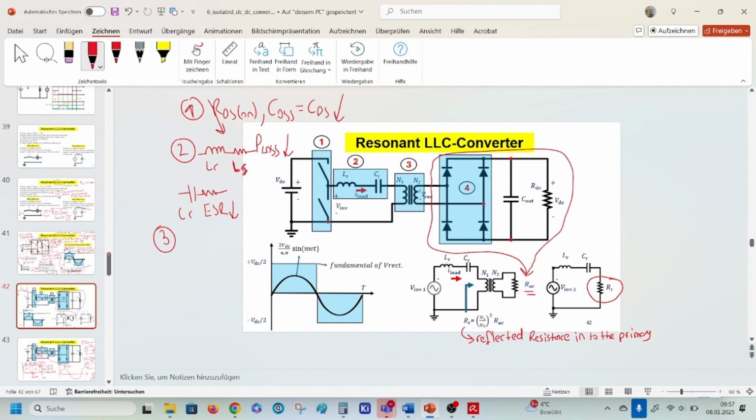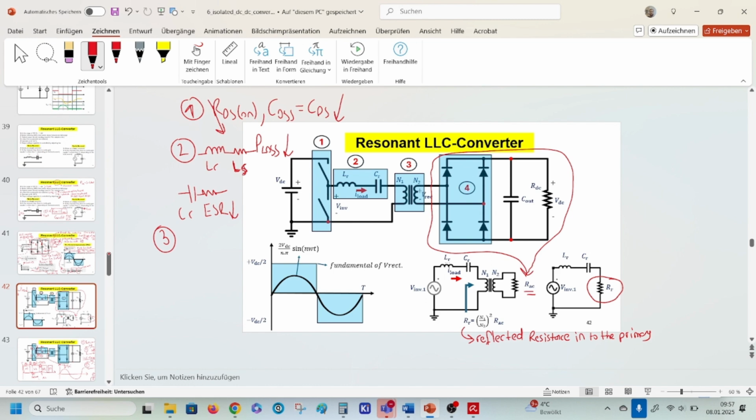The gain curve will change if we have different ratio between magnetizing and resonance inductance.